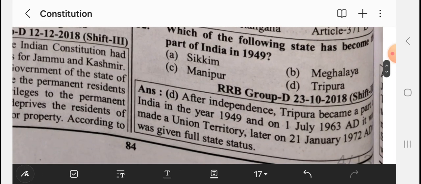So this should be Tripura. After independence, Tripura became a part of India in the year 1949, and on 1st July 1963 it was made a union territory. Later, on January 21, 1972, it was given full state status.